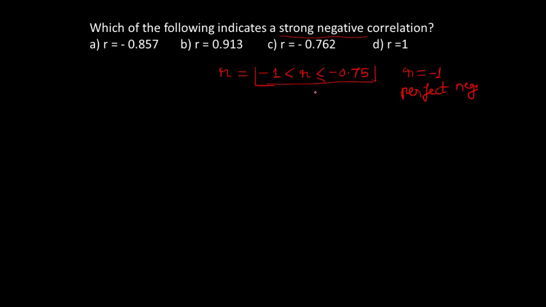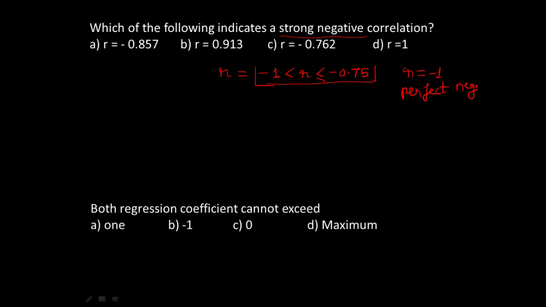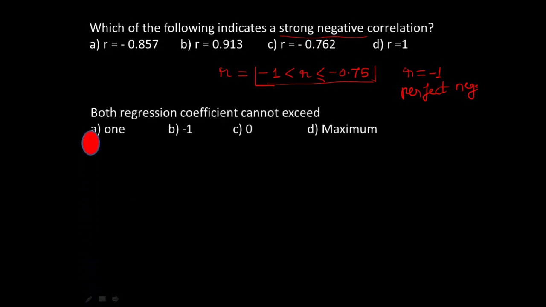Yes, here you can find there are 2 negative values of R falling in this range. In this case you will have to select the strongest one, the highest one. The highest over here is -0.857. So this will be considered as the strong negative correlation. I hope this is clear to you all.